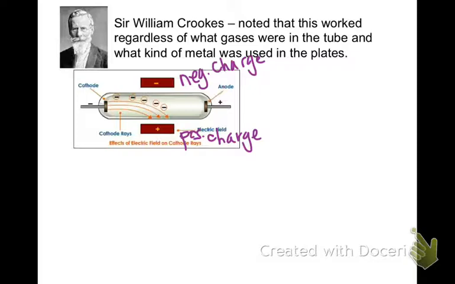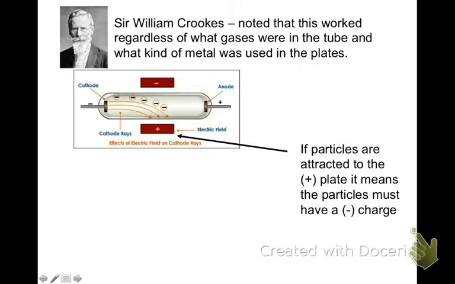So that was huge and earth-shattering, and a lot of people didn't believe it. It was subject to a lot of investigation and talking about, but that was a really, really big deal. So again, those particles had to have been negative because they always moved away from the negative plate and toward the positive plate. So that's summarizing basically what we just said there.